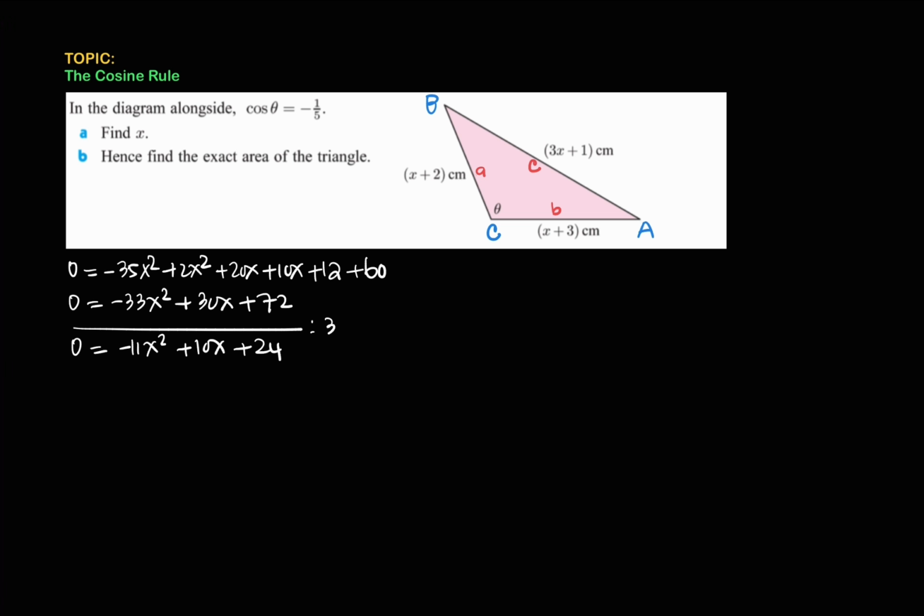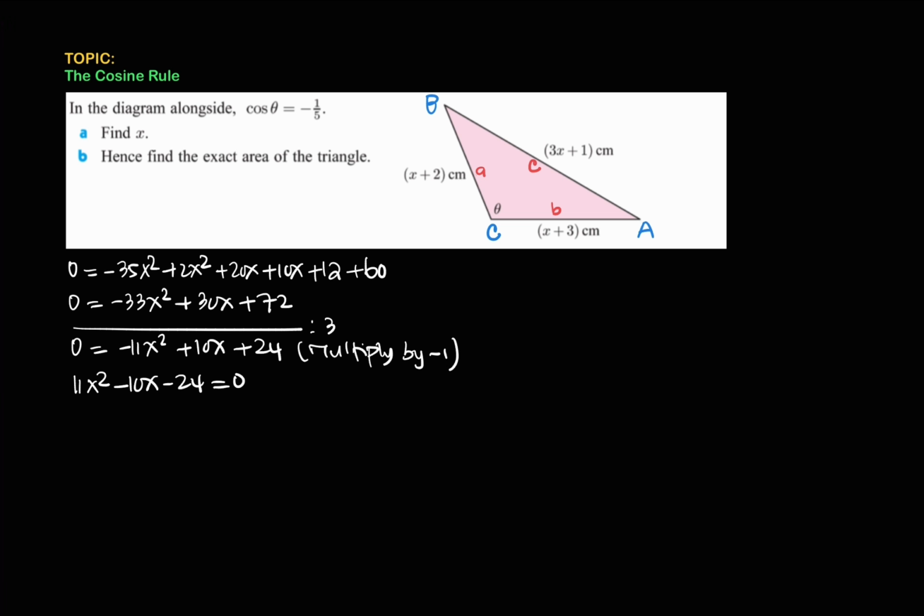Right, so we have that. Now, to remove the negative, we multiply by negative 1. So we have 11x squared minus 10x minus 24 equals 0.